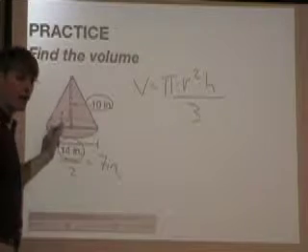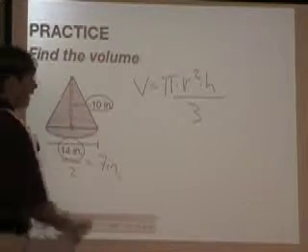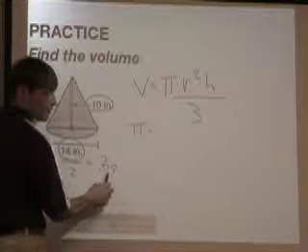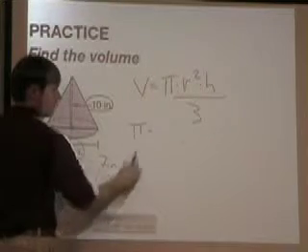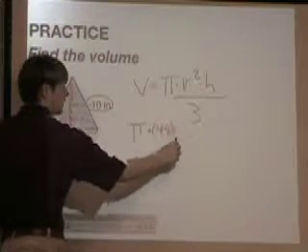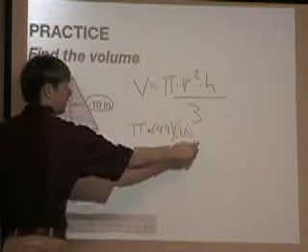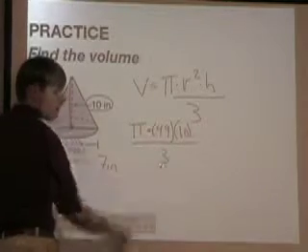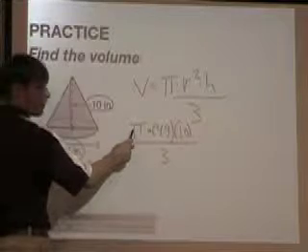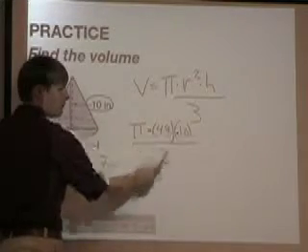This is a cone. Now, I've got pi times the radius squared. What's 7 squared? 49. So pi times 49. And what's the height? 10. And then I divide that all by 3, right? So now pi is 3.14, so y'all do that. 3.14 times 49 times 10.